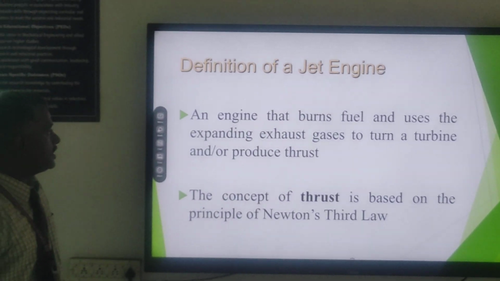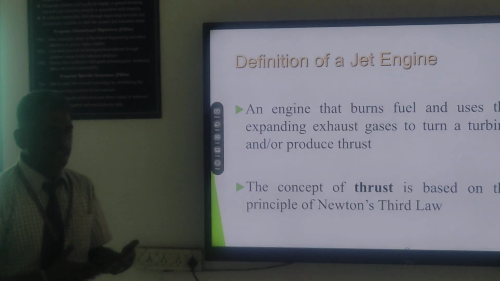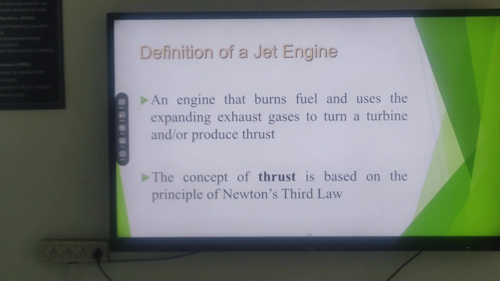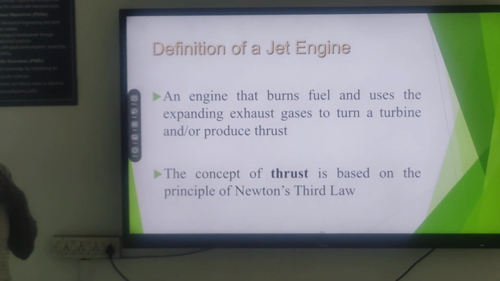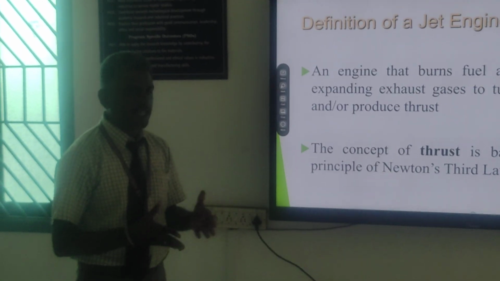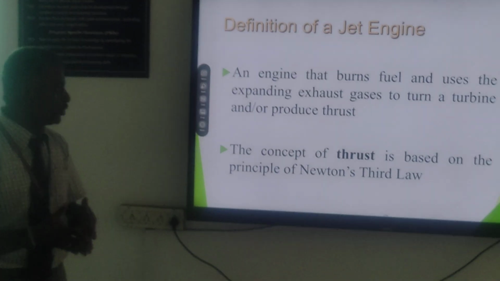Next, jet engines were discussed in the previous classes. In a jet engine, gas enters the combustion chamber, then the turbine, then the exhaust gas is released. The thrust is produced.